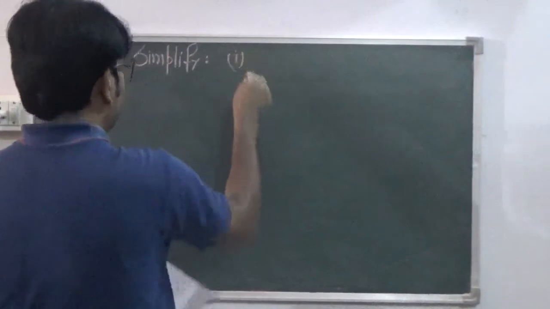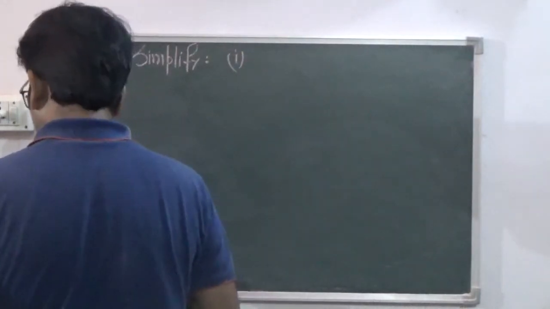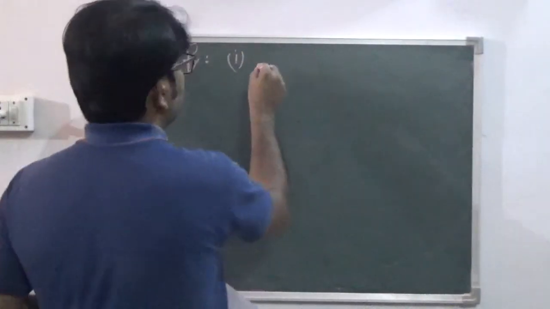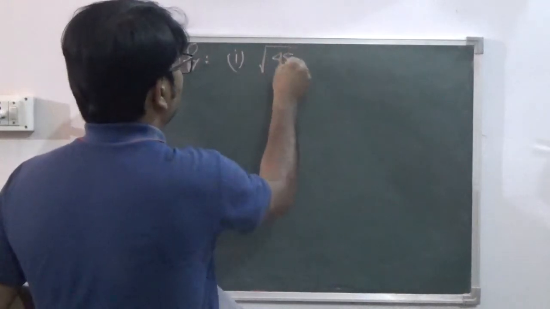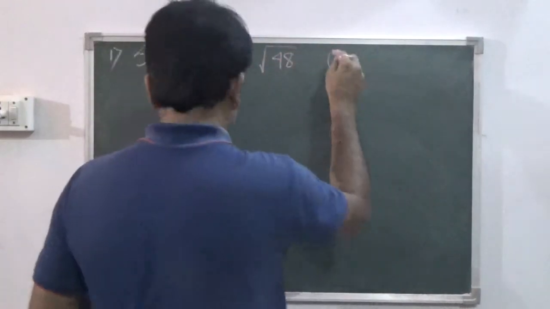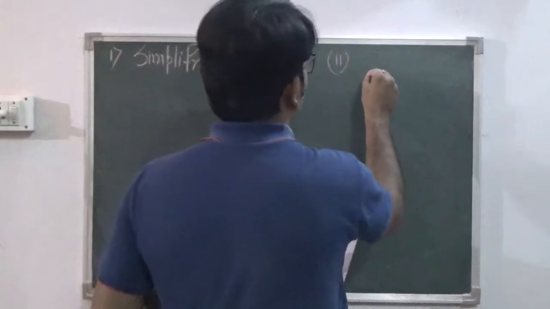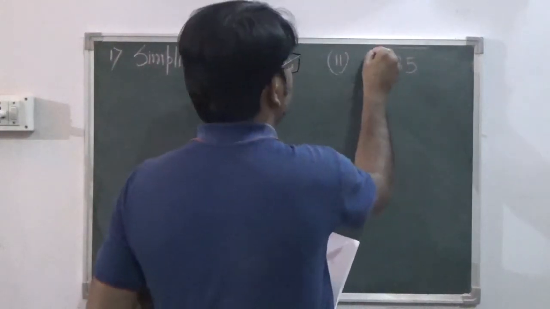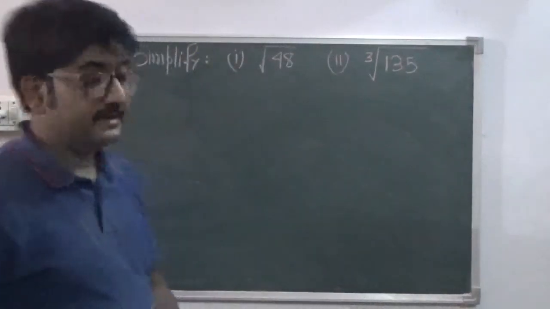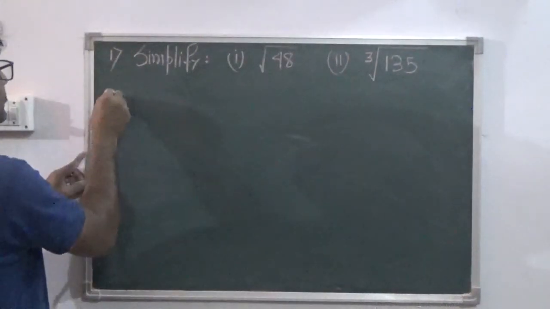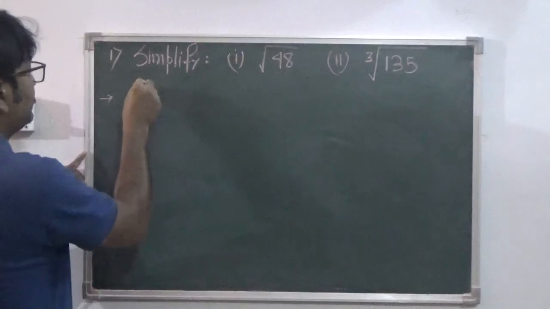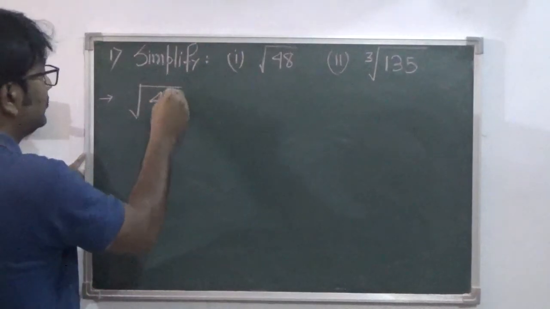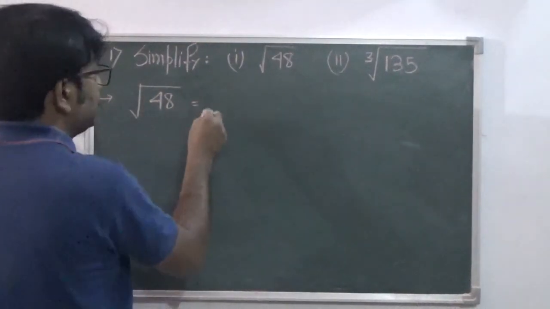Number 1 is root over 48, and the next one is the cube root of 135. So let us see. Number 1, the square root of 48.